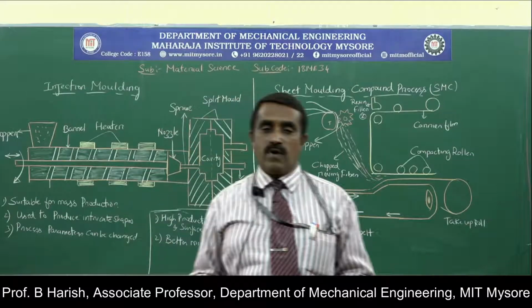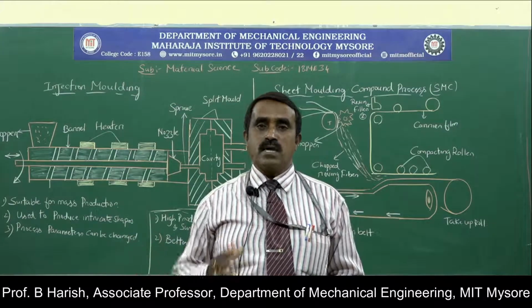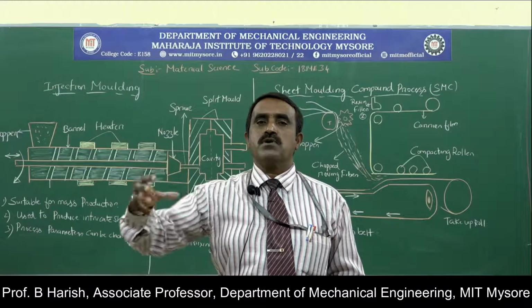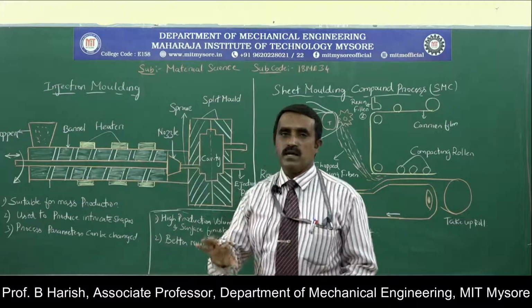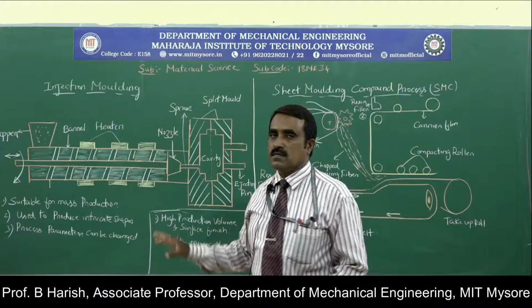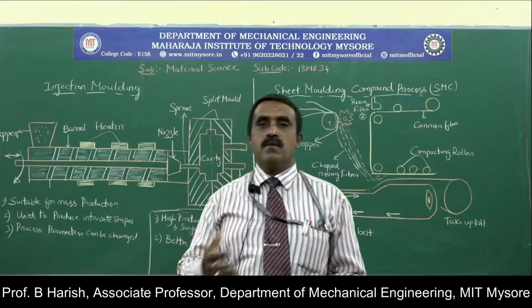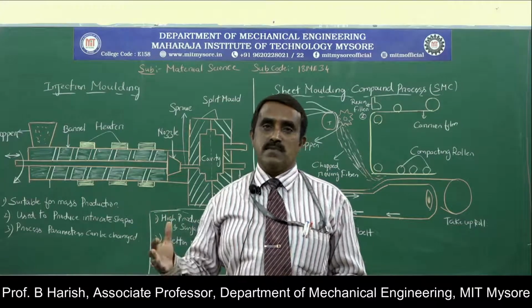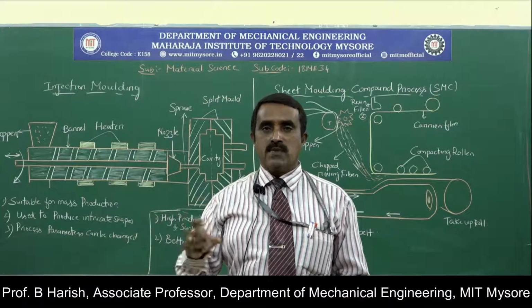When you are producing the same component in large numbers, the mold shape is not changed. That particular material will be manufactured in large numbers, say 100 pieces, 200 pieces. So it is very much suitable.